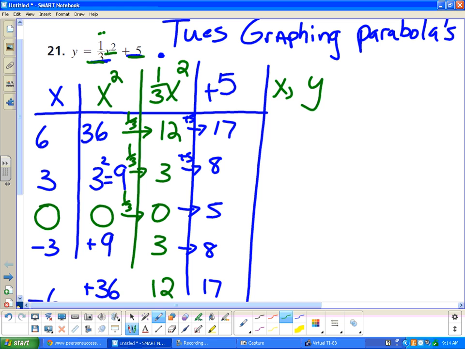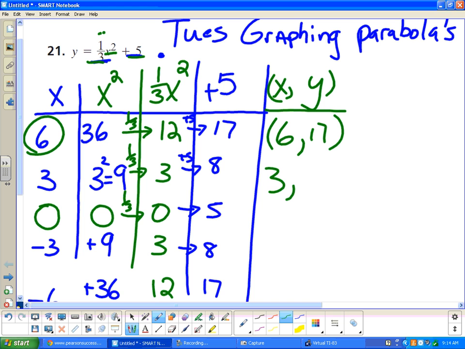So let's make this X comma Y. We're going to take this 6 here, put it here, 6 comma 17. And continue to go down, 3 comma 8. And 0 comma 5.